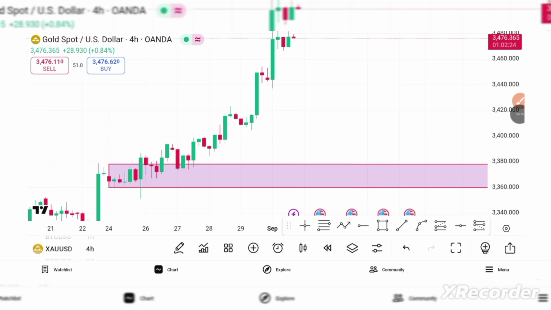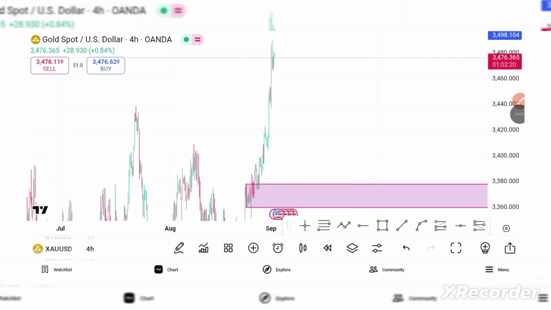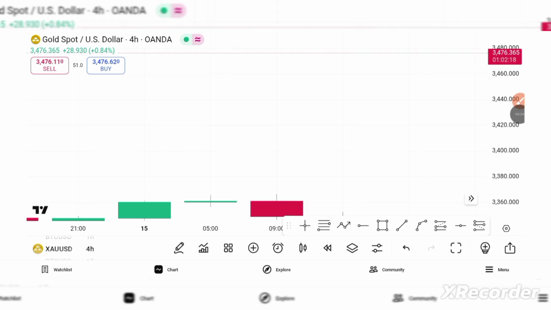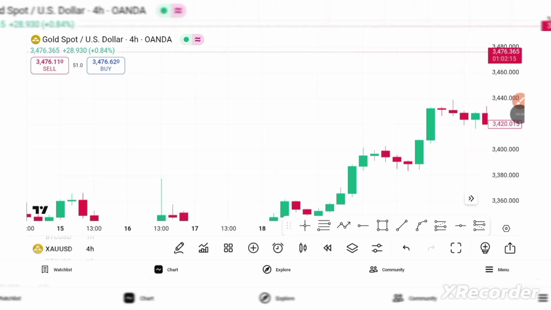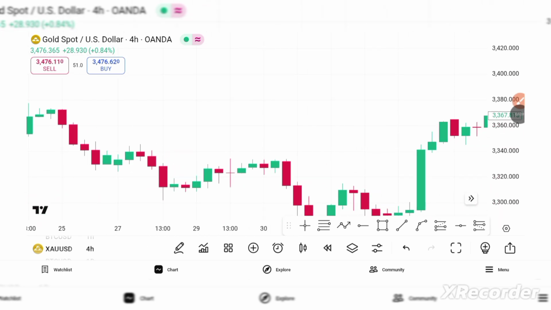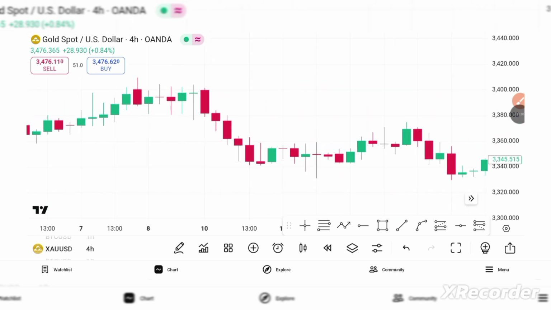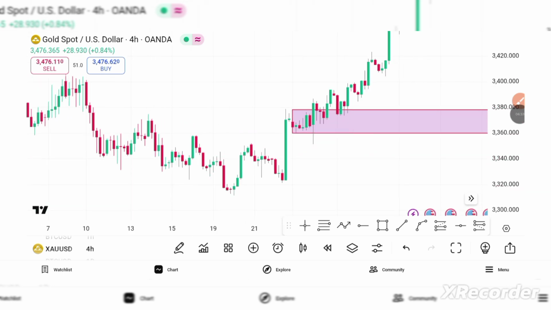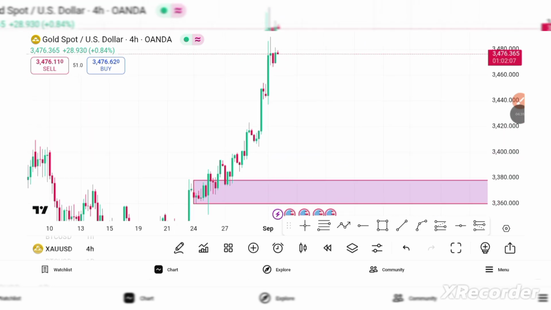And mind you, see this other block over here. See the other block. There is no fair value gap.